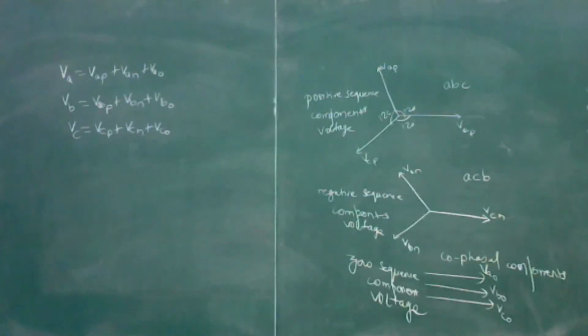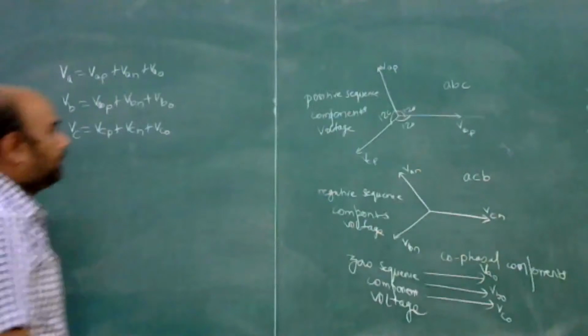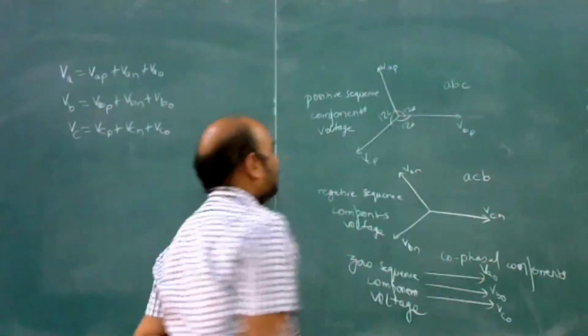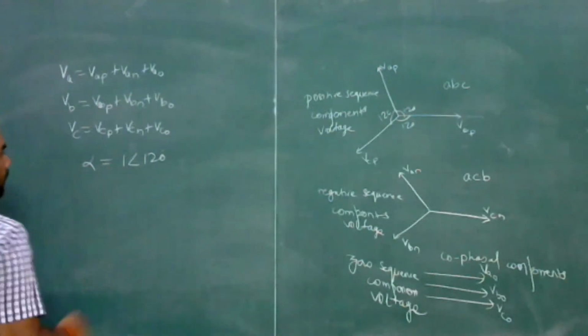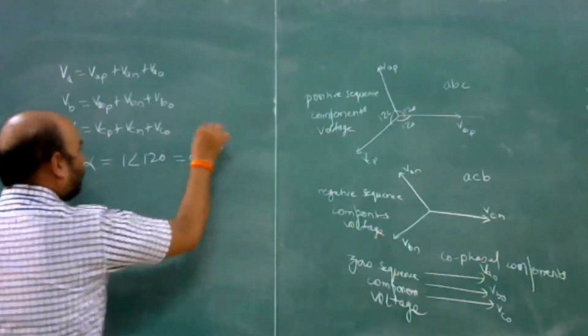Now the angle between VA and VB is 120 degrees, and we know that this alpha operator is a unit operator with an angle of 120 degrees, or e to the power of j120 degrees.